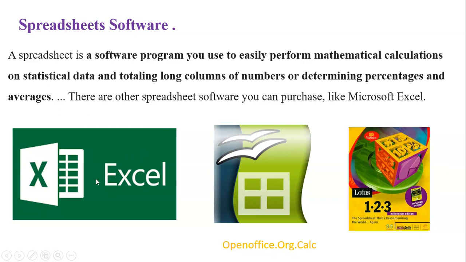I'll show you that, and all that can be done in Excel. We can use this application for that. So here you can calculate the data, or you can analyze the data in the desired manner. For example, here you can see spreadsheet software like Microsoft Excel, and here OpenOffice.org Calc and Lotus 123.